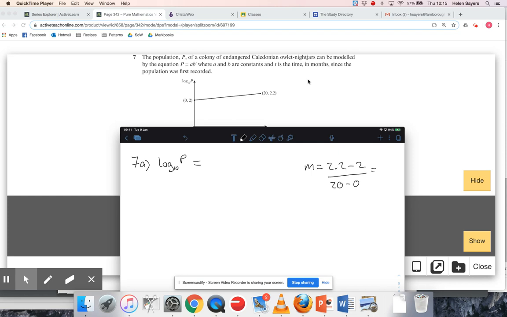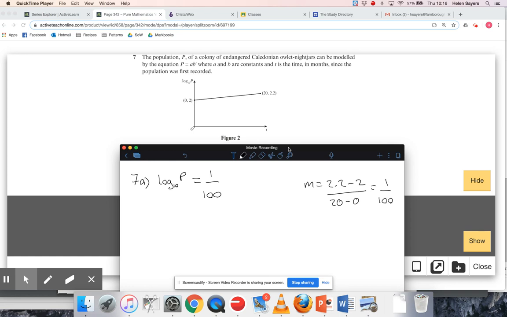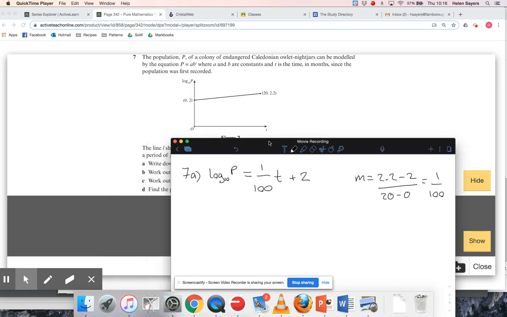That is 0.2 over 20, so the gradient is 1 over 100 or 0.01. Again, it's not x, it's t, and I can clearly see the y-intercept is at 2. Quite straightforward for 3 marks, but if you just put y there, you actually won't be able to score any marks, or you might just get 1 mark for working out the gradient.